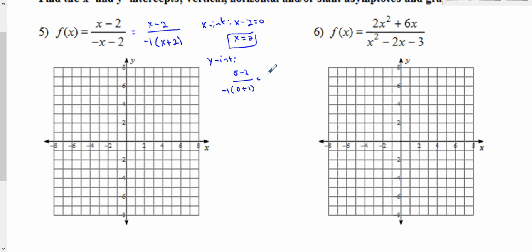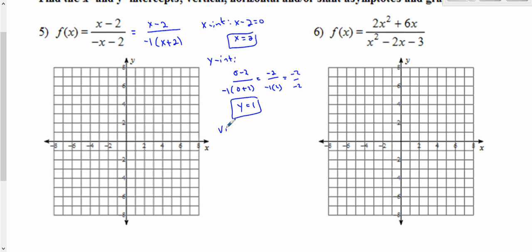That gives me negative 2 over negative 2. Let me show you the work on that. Negative 1 times the 2, which is negative 2 over negative 2. So y equals 1.